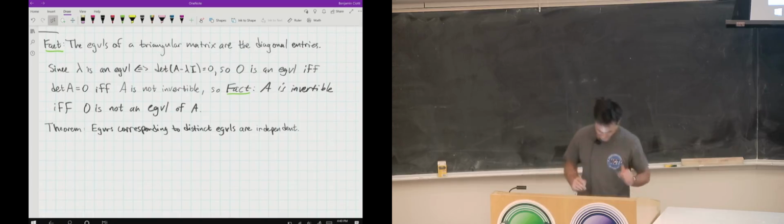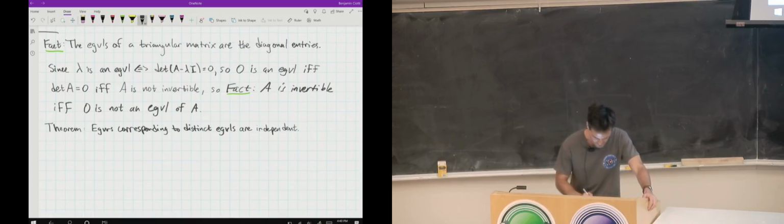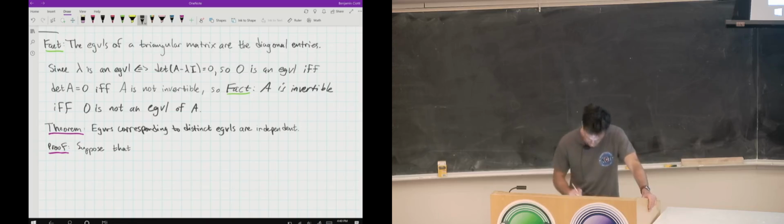Okay, so here's a proof of this. We're going to prove it by contradiction. Suppose that we have eigenvalues and eigenvectors.